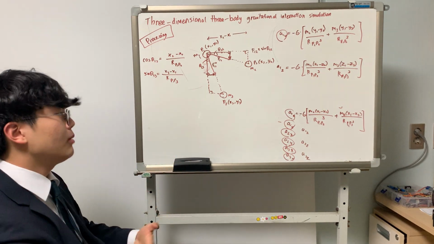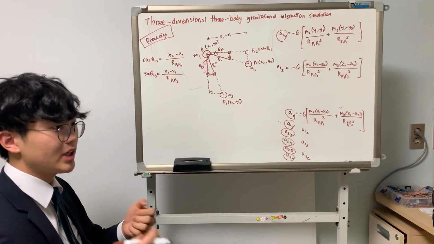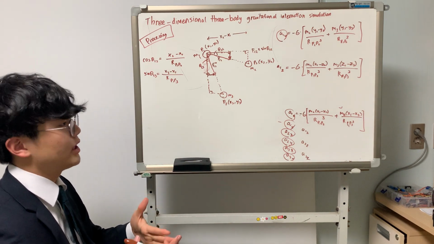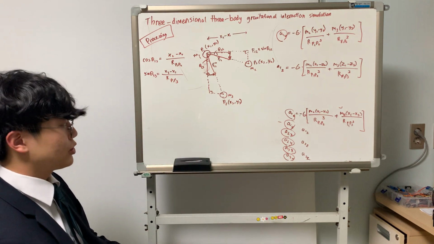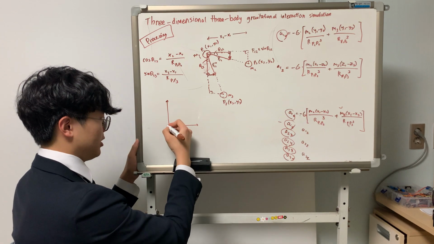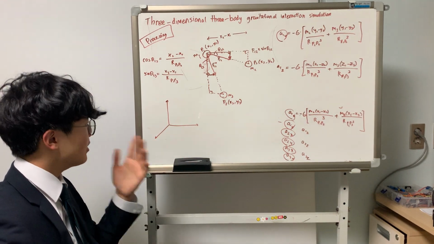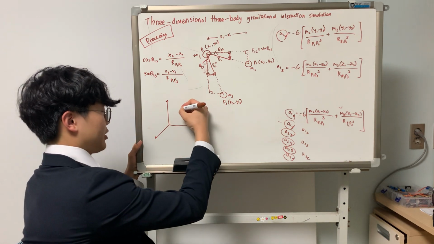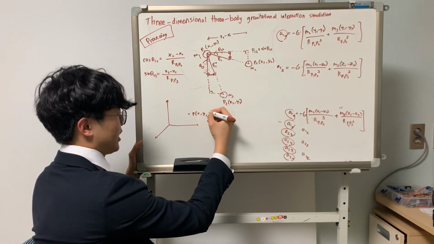So we're going to have to create the sense that it's a three-dimensional simulation in a two-dimensional viewpoint. Let's say we have our three-dimensional plane, and we have to plot some point that has the coordinates x, y, and z.